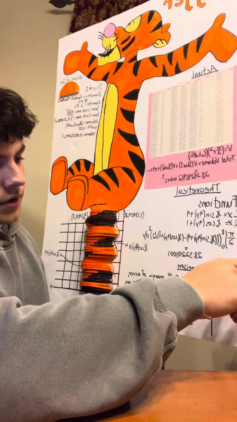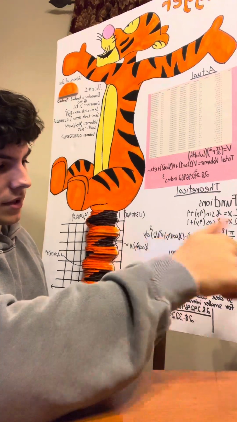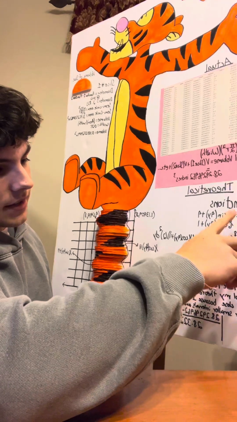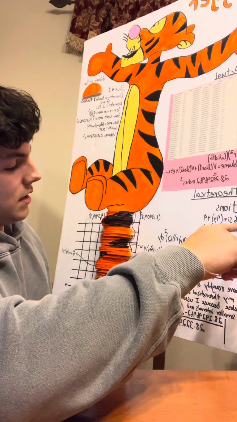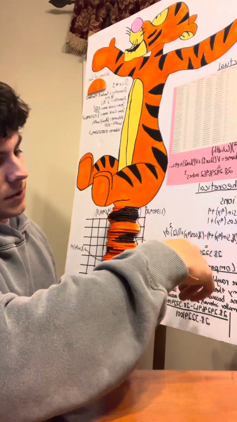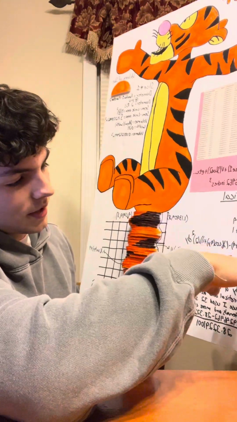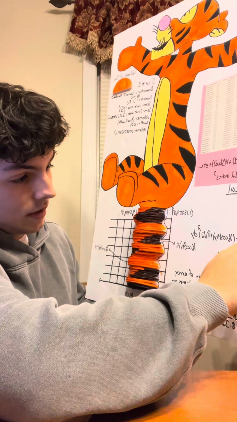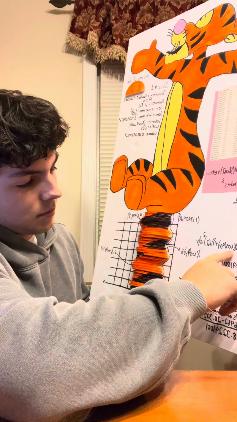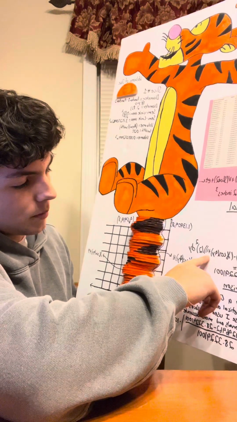I put the pi over 2 on the outside because it's a constant, and then I had the integral from 0 to 8 of my 1/6 sine of 4y plus 4 minus my 1/6 cosine of 4y plus 1.